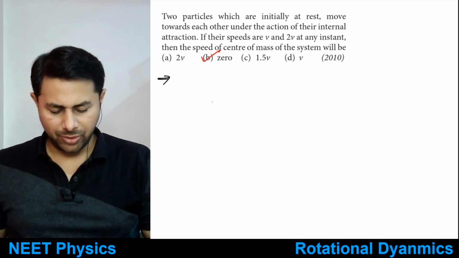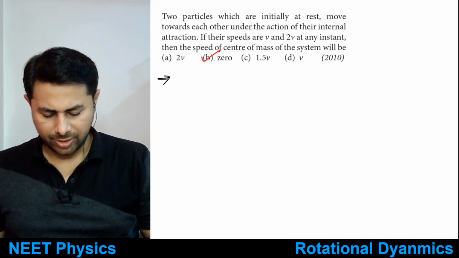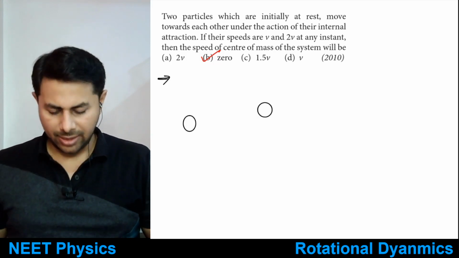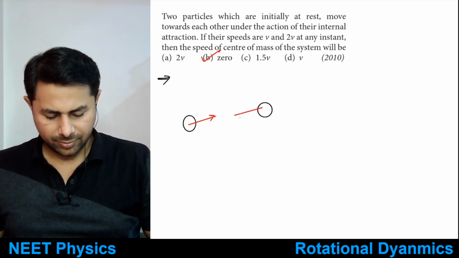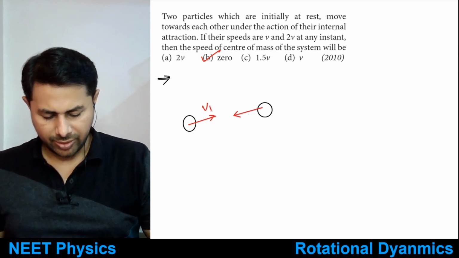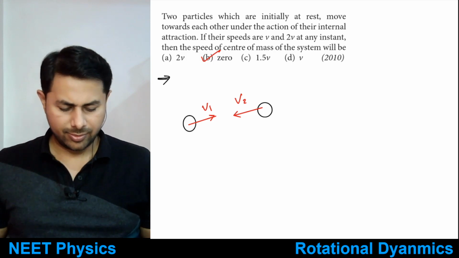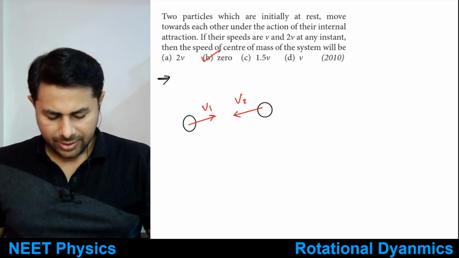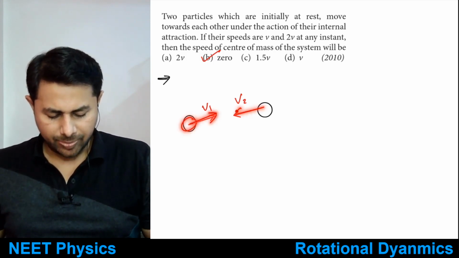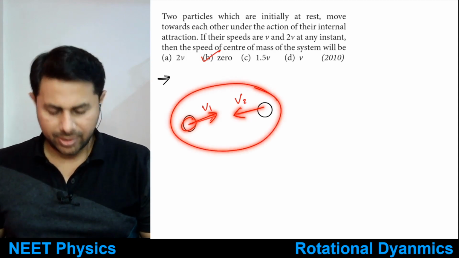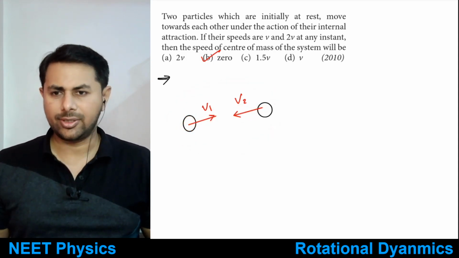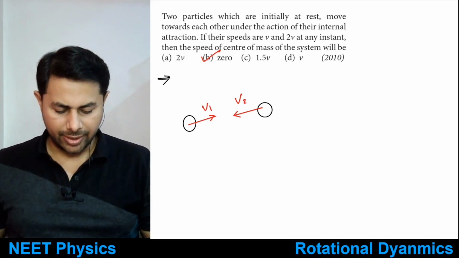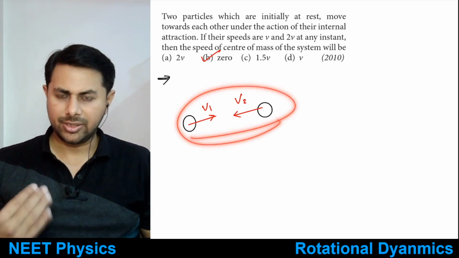Again, this is mutual attraction between particles. So this is the first particle, this is the second particle. They are moving towards each other with velocities v1, v2, because of the mutual force of attraction. If you think of these two particles as one system, then the net external force on this system is also 0, and therefore the acceleration of the system is 0.